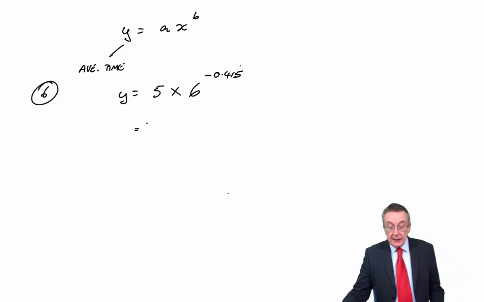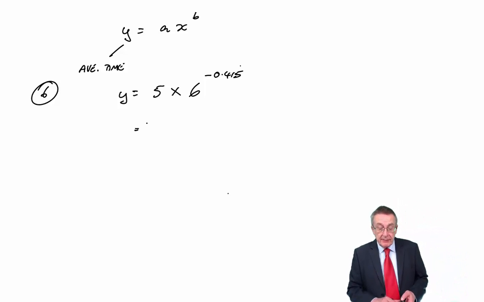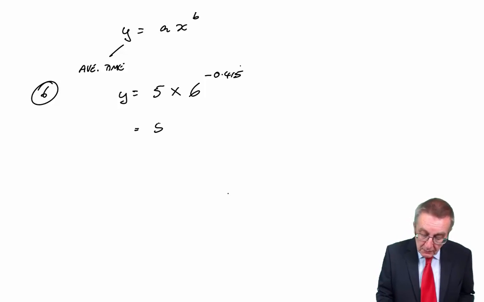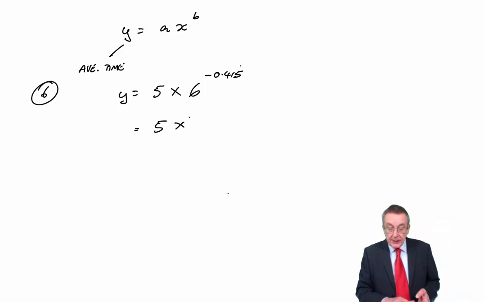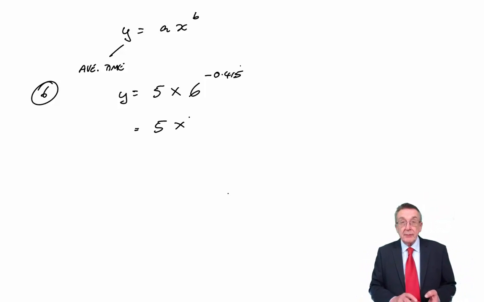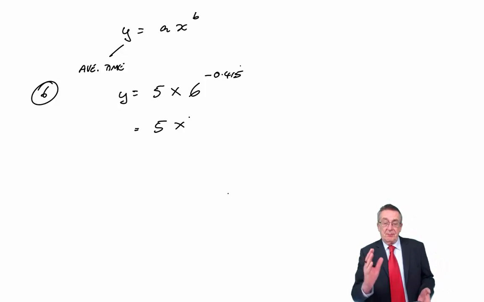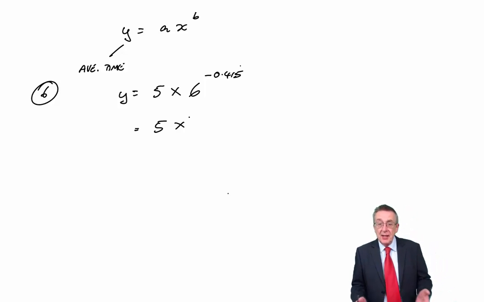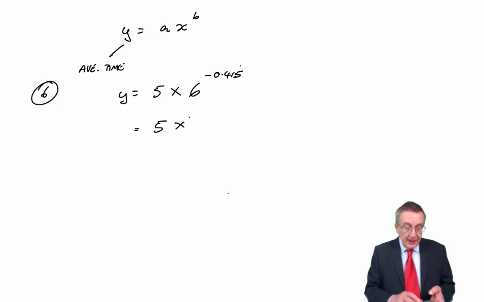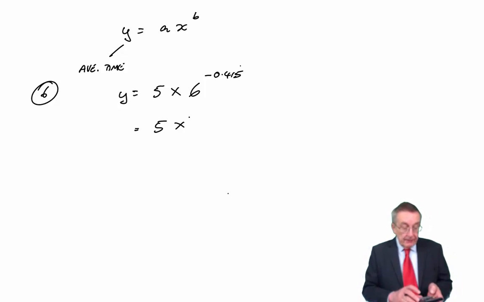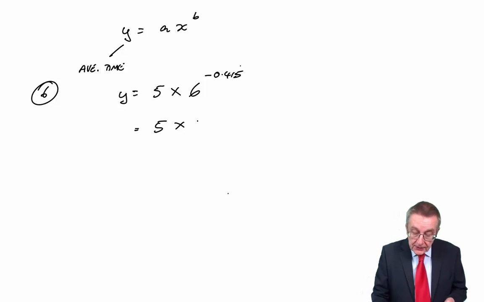It's then just calculator work, and obviously you've got to have a scientific calculator. 6 to the power minus 0.415. I go through the steps on my calculator during the lecture. I'm not going to repeat it all. But 6 to the power negative 0.415 equals 0.47541.